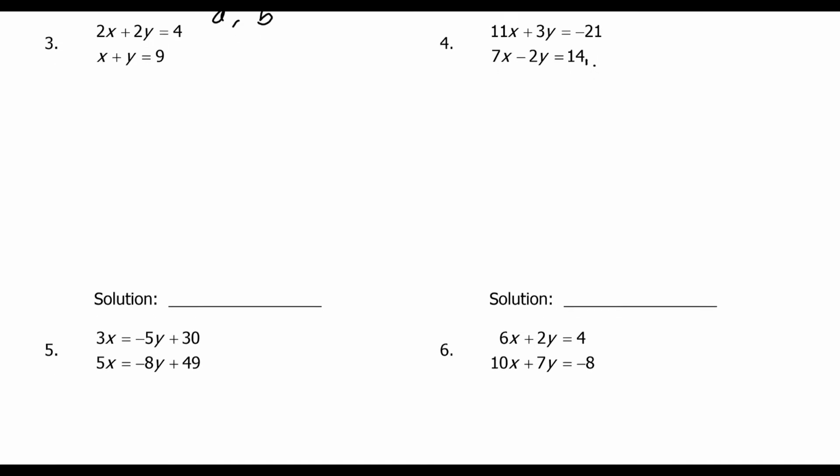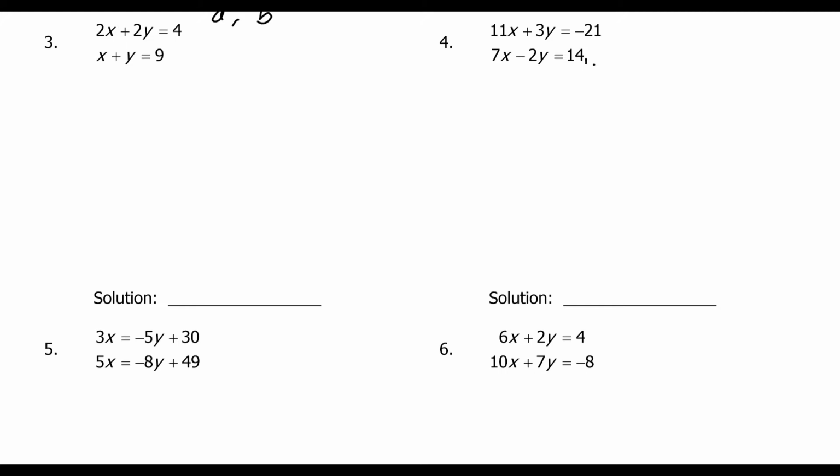On to number 3. On number 3, again, it's very similar to number 2 in the fact that we don't have a number just screaming at us that says, hey, you can cancel me. So we have to go ahead and make our own zero pair.